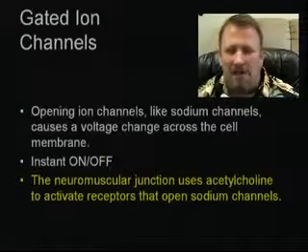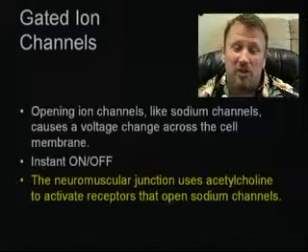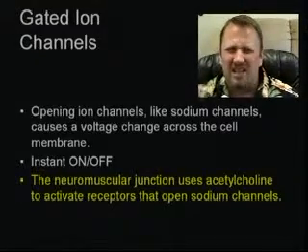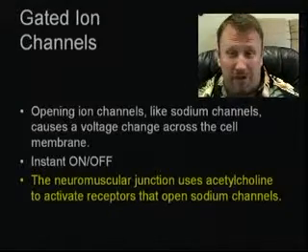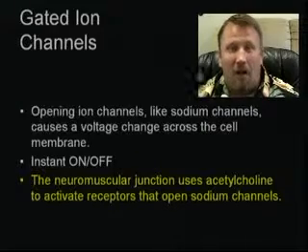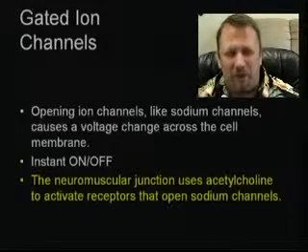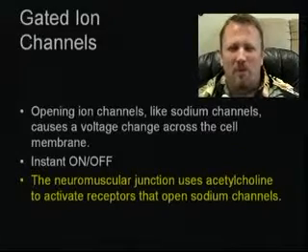So opening gated ion channels, like sodium channels, causes a voltage change across the cell membrane, and this allows for instant on and off communication between the neuron and, let's say, the muscle. The neuromuscular junction uses acetylcholine from the neuron, and that activates receptors on the muscle, and that opens sodium channels.